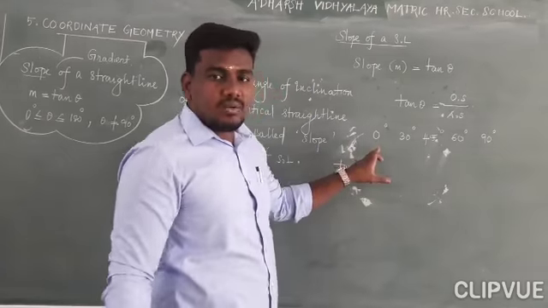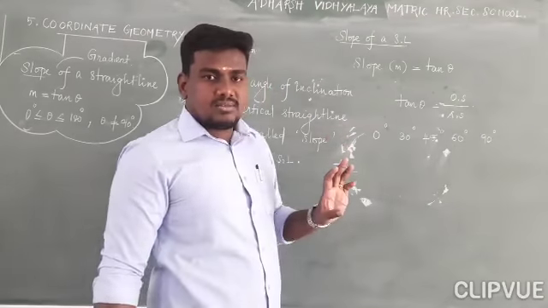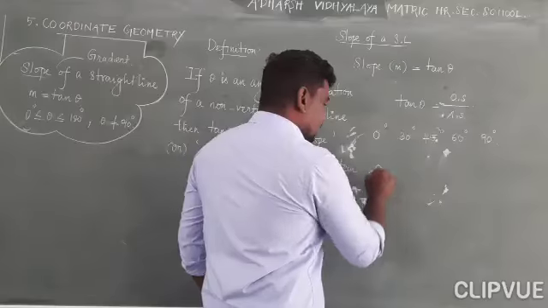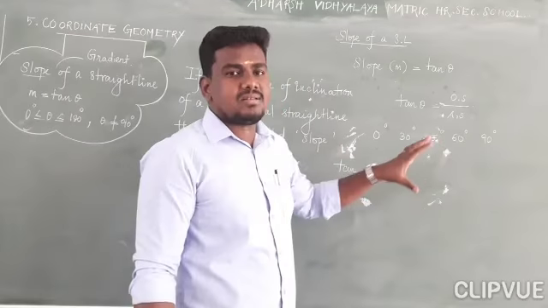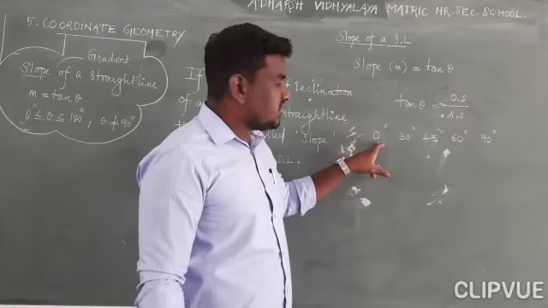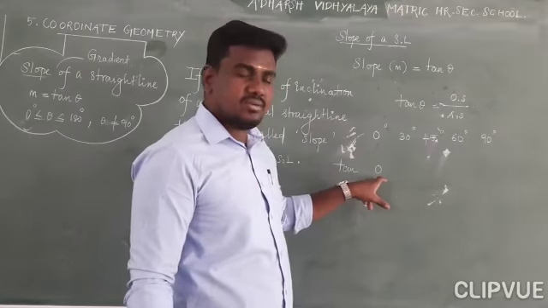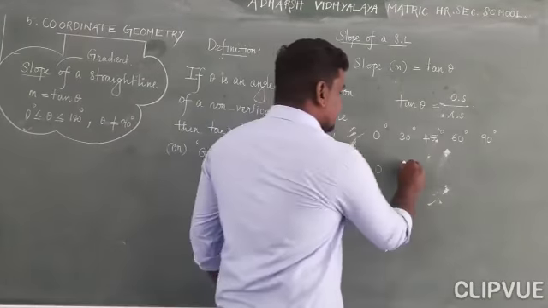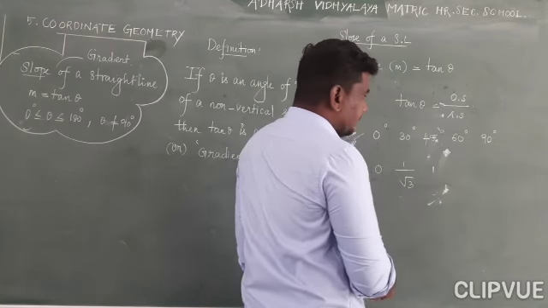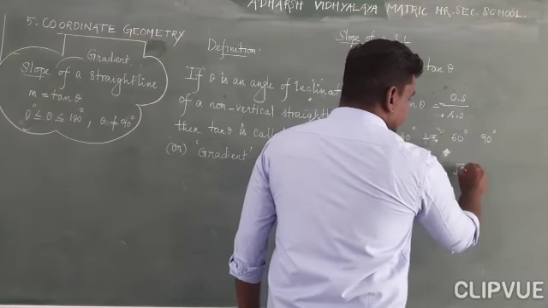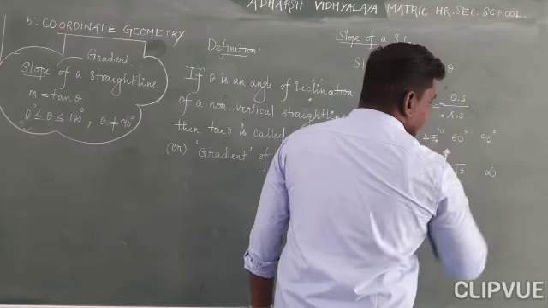Instead of theta, we take 0 degrees, so tan 0 value is 0. If we take some special angles and their values: tan 0 is equal to 0, tan 30 value is 1 by root 3, tan 45 value is 1, tan 60 value is root 3, tan 90 is undefined.